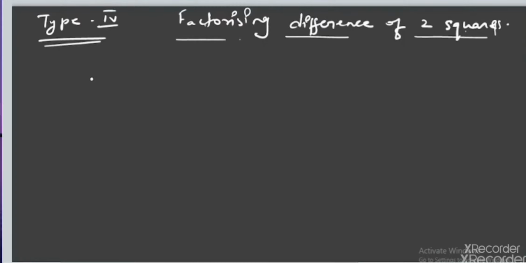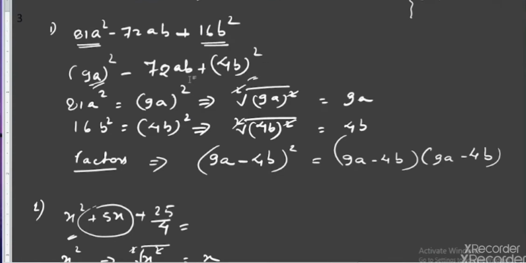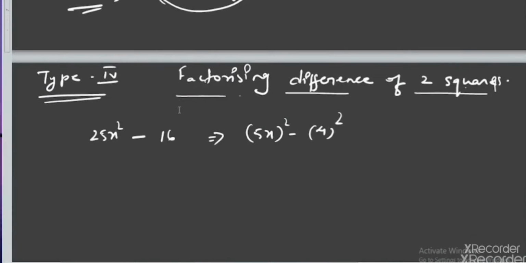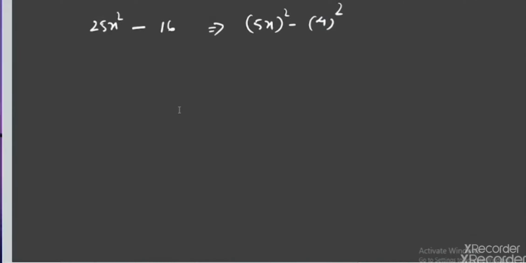Say you have 25x square, then a minus, and then 16. You can express this as 5x whole square minus 4 whole square.